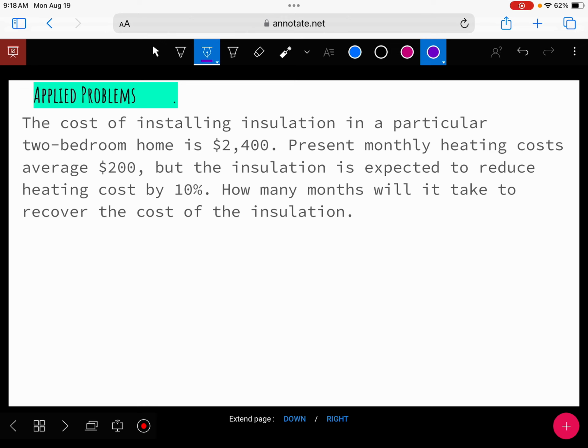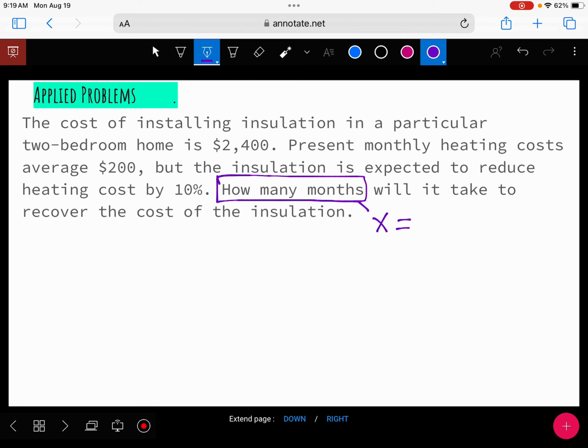First things first, what is our variable? What is it that we don't know? X, more specific, what is X meaning? How many months? So when in doubt, your question usually gives you a clue for your variable. So if we want to use X, we absolutely can.